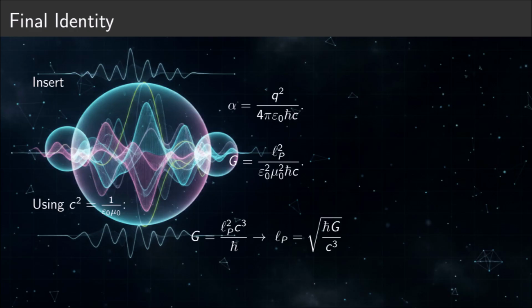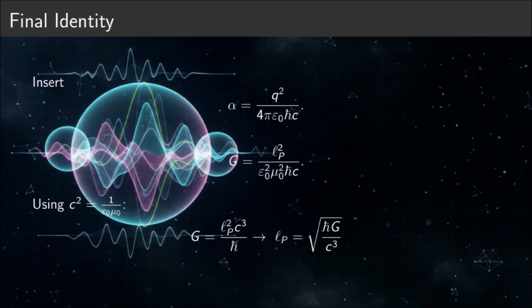Final identity. Insert the expression for alpha. Alpha equals q squared divided by 4 pi epsilon naught times h bar times c. Then G equals L sub p squared divided by epsilon naught squared times mu naught squared times h bar times c.